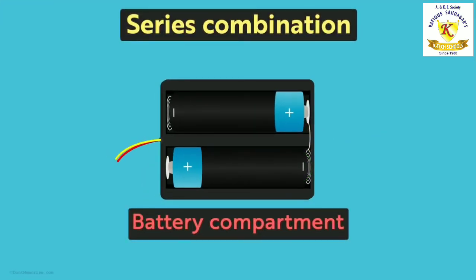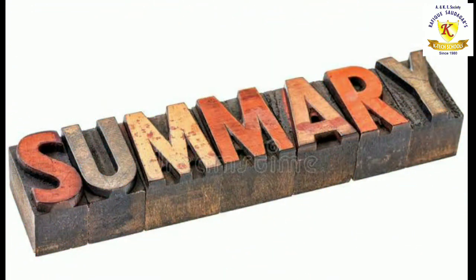So this is how the cells inside the containers are connected in a series combination. Got it, children? Good. Now let's take a look at the summary.